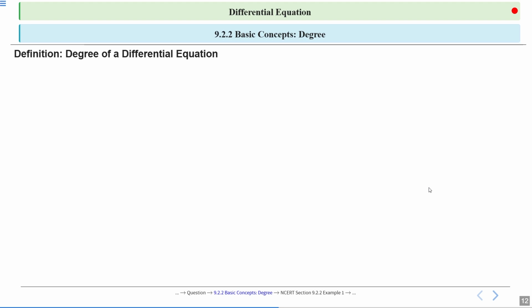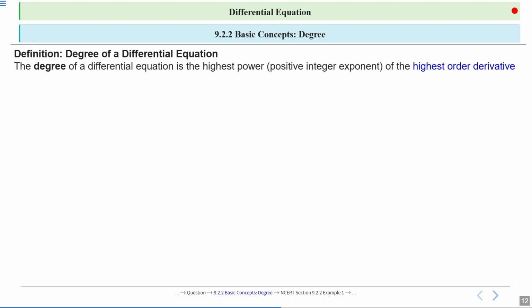Now the second basic concept is the degree of a differential equation. The degree of a differential equation is the highest power of the highest order derivative. What is the highest power?